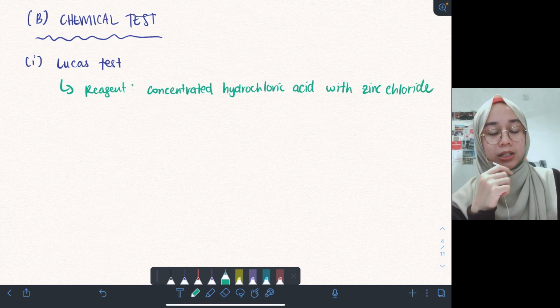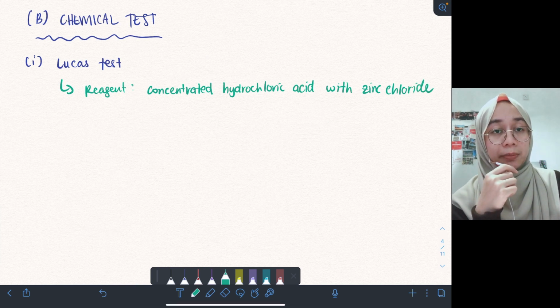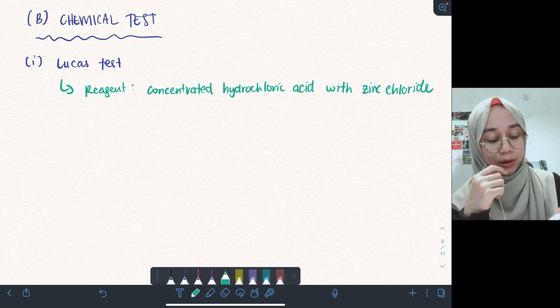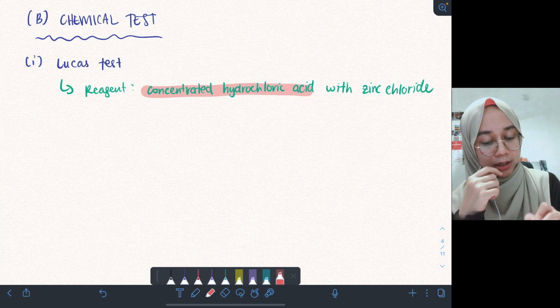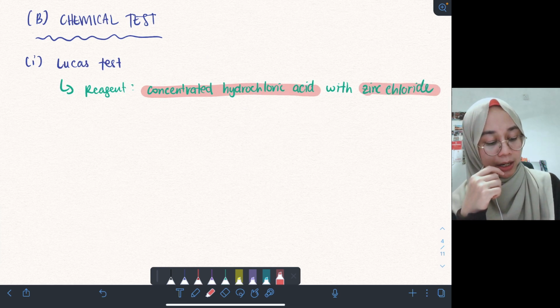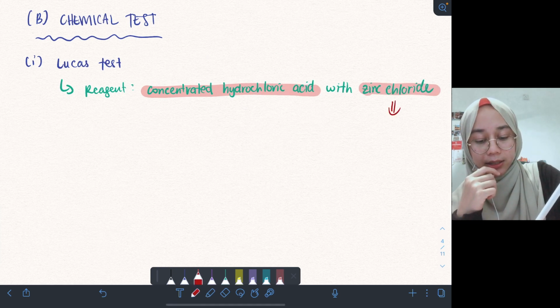Concentrated hydrochloric acid kita ni adalah our main reagent, and then the zinc chloride pula. Sekejap. So ni main reagent kita. Zinc chloride pula dia akan act as a catalyst.